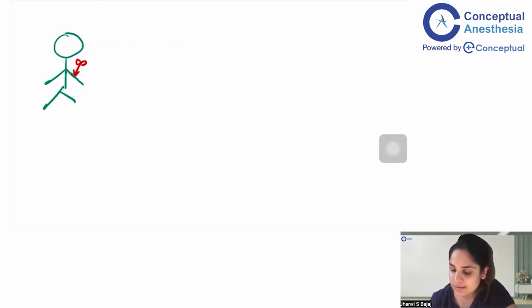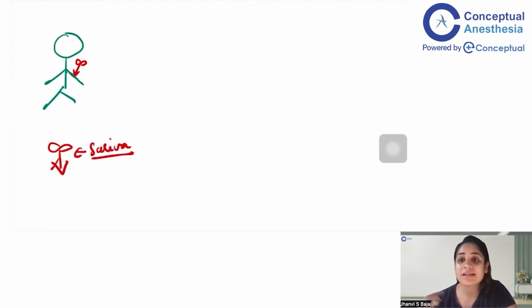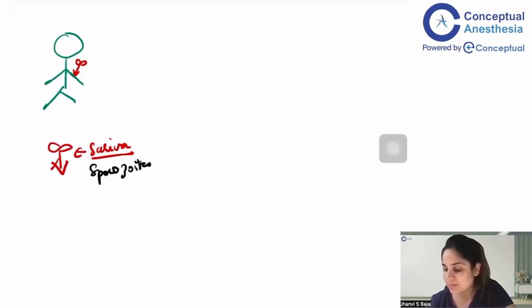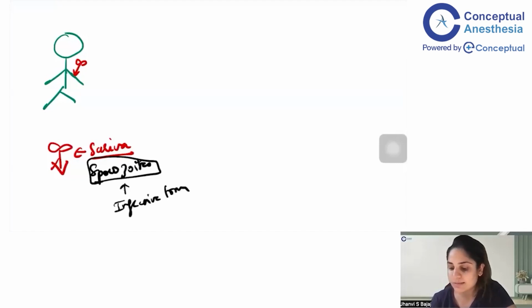Now, this mosquito, in its saliva, contains the plasmodium. Now, this plasmodium can be present in many different forms. Okay. So, the infective form of plasmodium is called sporozoite. Okay, this is the infective form. And this is the one that is present in the saliva of the mosquito. This what I have drawn is the mosquito with the wings.